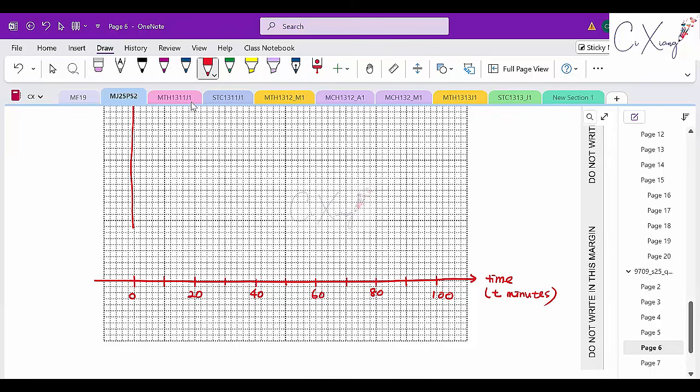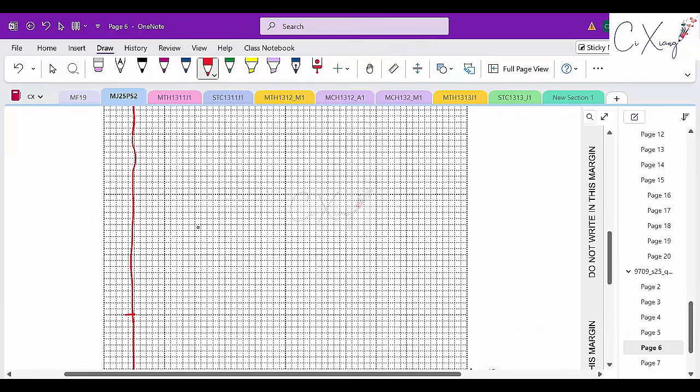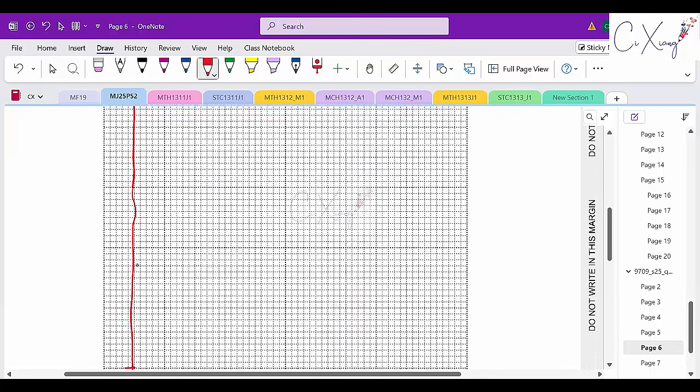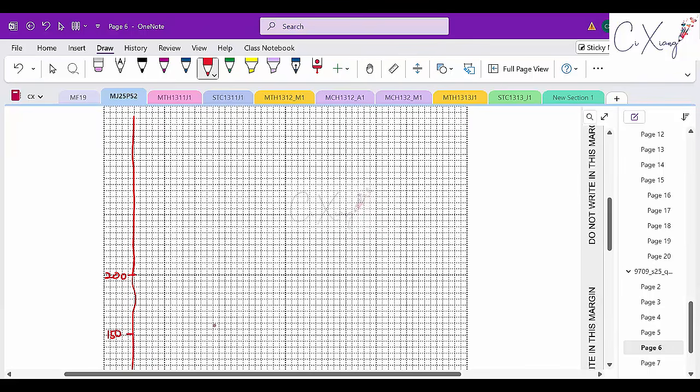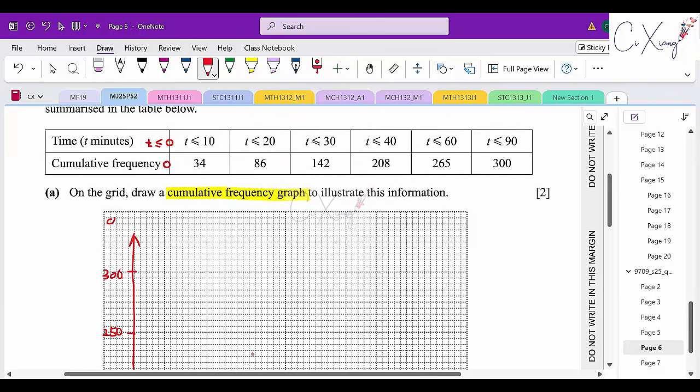I cannot draw really nicely. Then maybe I can put this one as 50. Then 100, 150, 200, then 250 with 300 here. So just nice, right? And I will label this as the cumulative frequency.